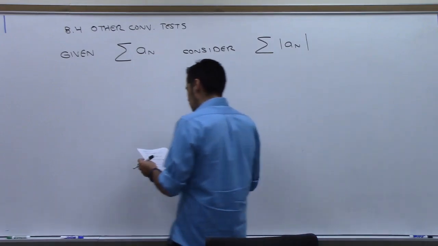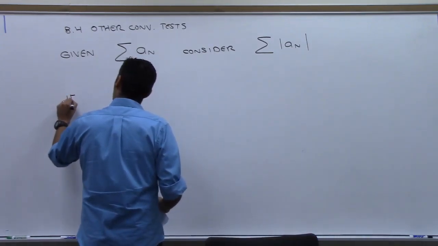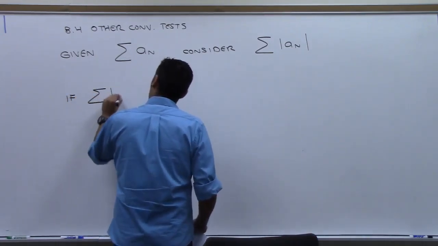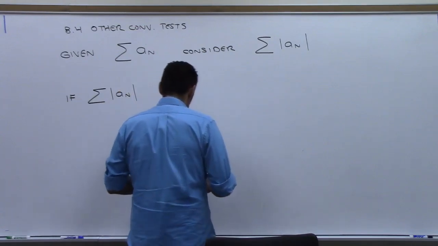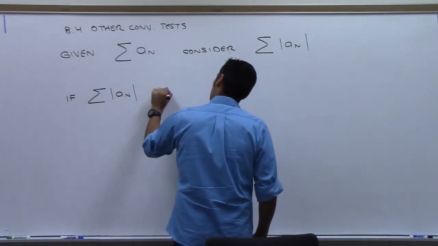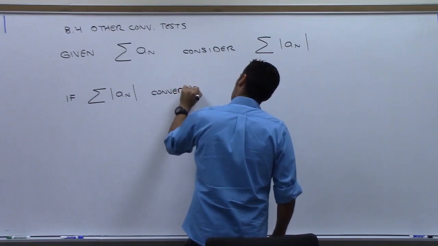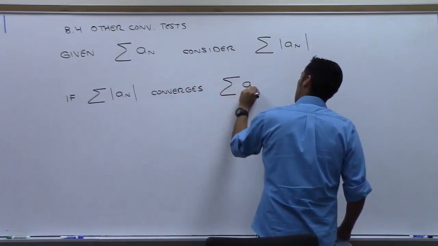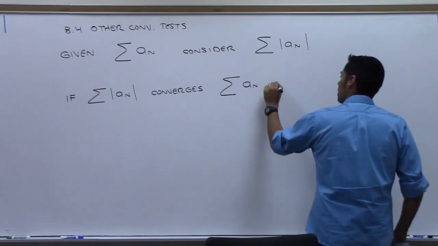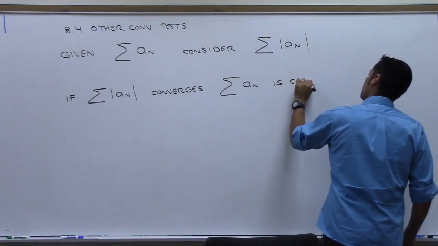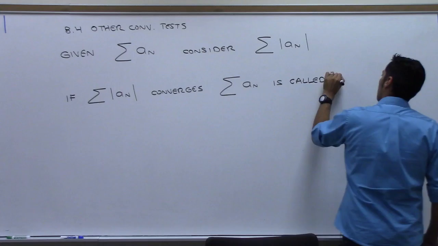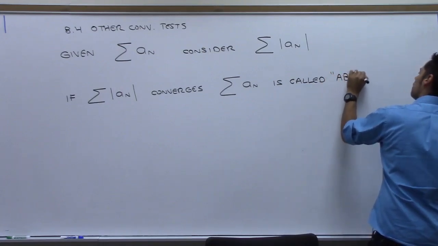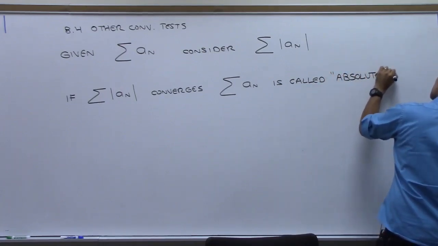Then, if that series with the absolute values converges, the sum without the absolute value is called absolutely convergent.